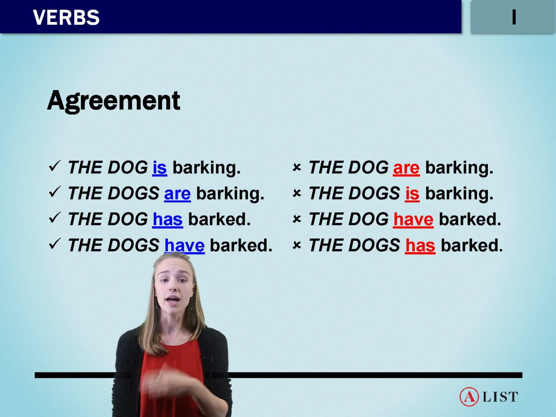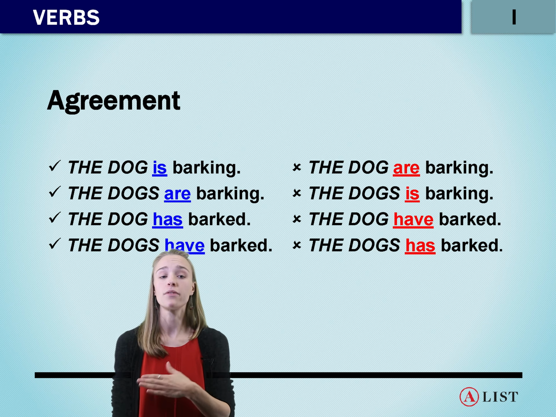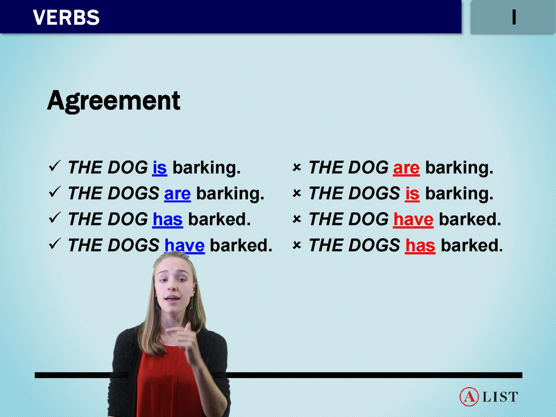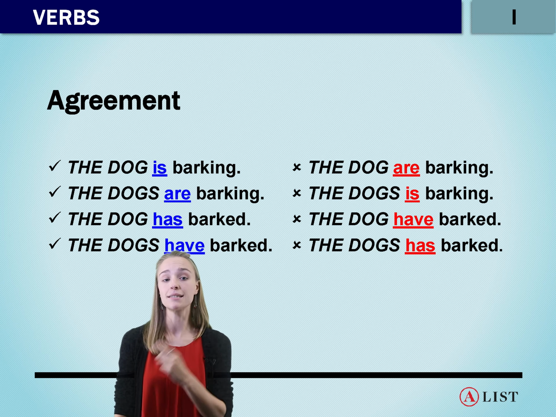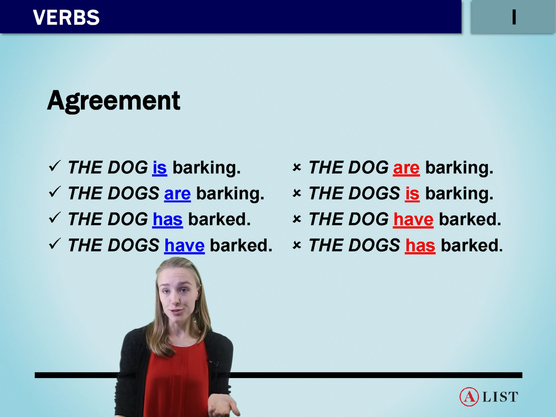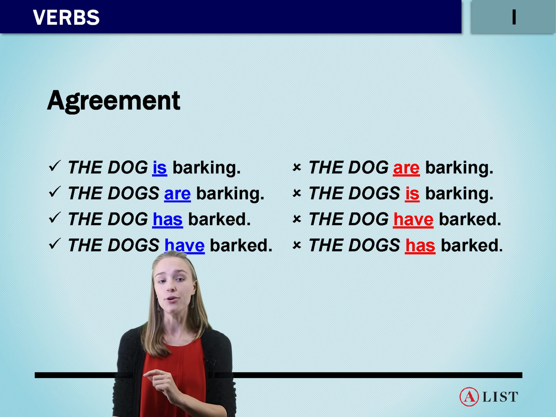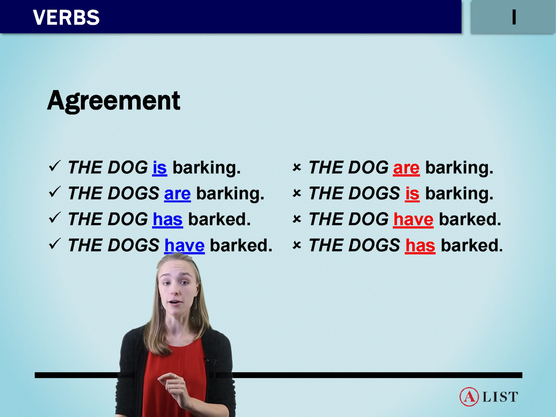Now, in this case, we haven't changed the word barking, but we need to make sure that our is, that little auxiliary verb or helping verb, actually matches with our singular subject. So one dog is barking. Now, if we had a plural subject, we would say the dogs are barking. Again, note that we haven't changed barking, we've just changed the verb in front, are.